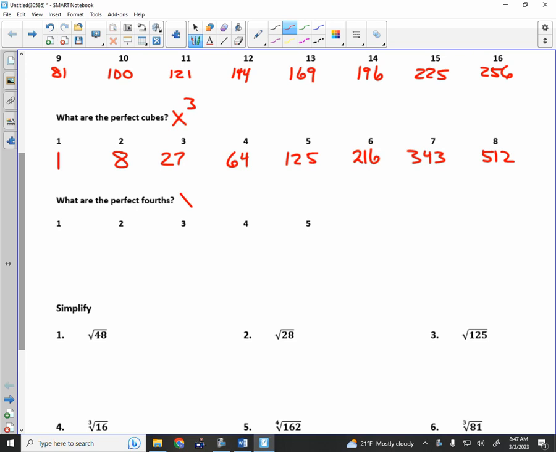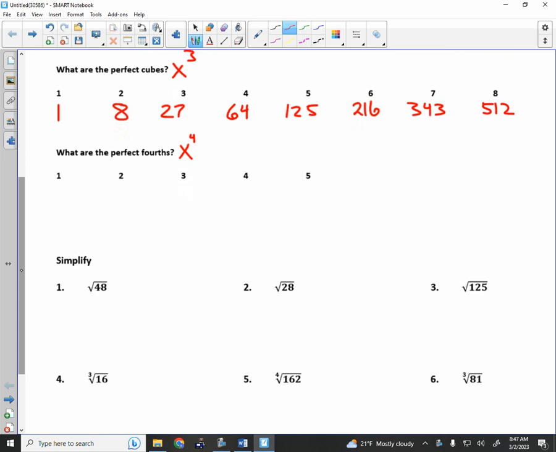Now, finally, we will just go up to fourths. I won't do fifths and sixths, but we should know how to do perfect fourths as well. 1 times 1 times 1 times 1 is 1. What is 2 to the 4th? 16. 3 to the 4th. 3 times 3 is 9, times 3 is 27, times 3 more is 81. 4 times 4 is 16, times 4 is 64, times 4 more is 256.